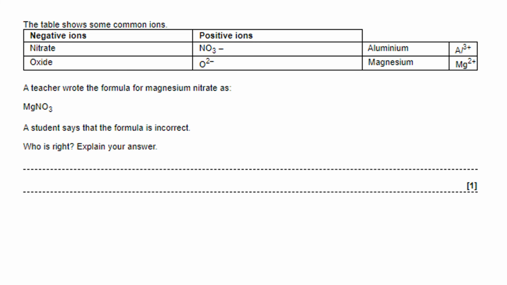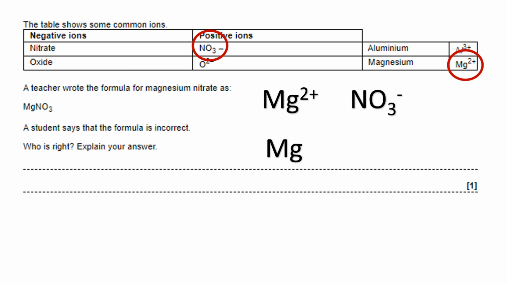So we need to know the formula for magnesium nitrate. So here's magnesium. So let's just jot that down. And I need nitrate, which is here. That's that polyatomic ion there. Now, if I use the swap and drop method, sorry, the drop and swap method, MgNO3, okay, if I swap that, that's going to be a 1. I'm going to leave that blank because I don't need a number there.